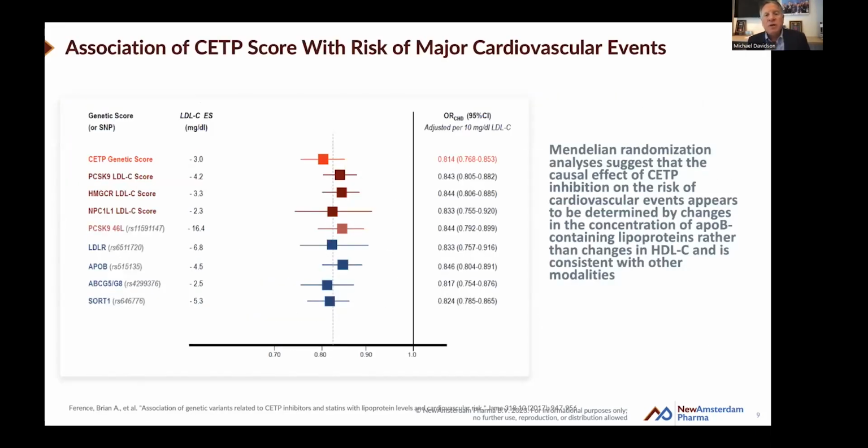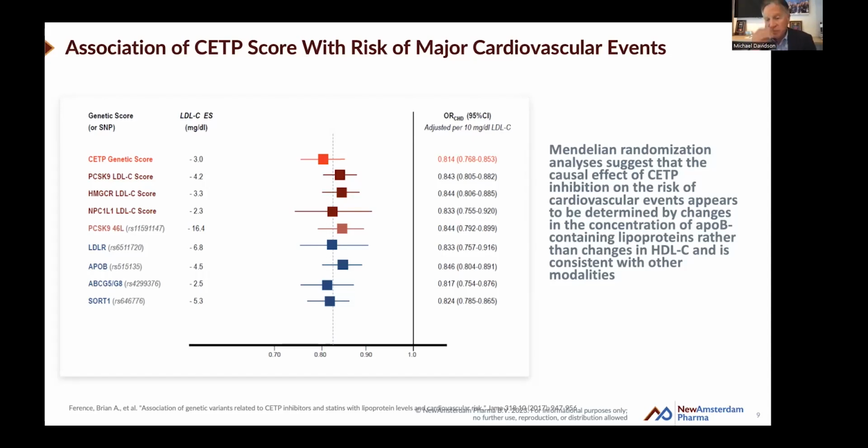And as work went on, there was more and more confirmation of this genomic validation through comparing it to other well-known targets of LDL lowering, like PCSK9 and HMG-CoA reductase, NPC1L1, different ApoB mutations, ABCG5 and G8 mutations, SORT1 mutations.